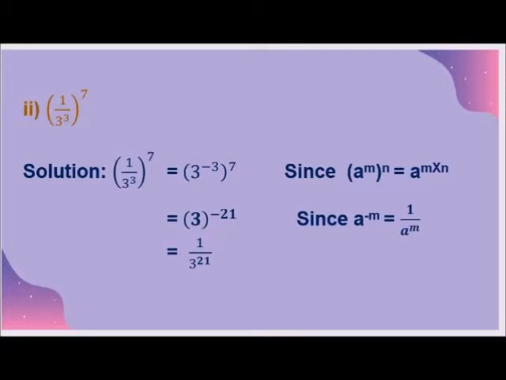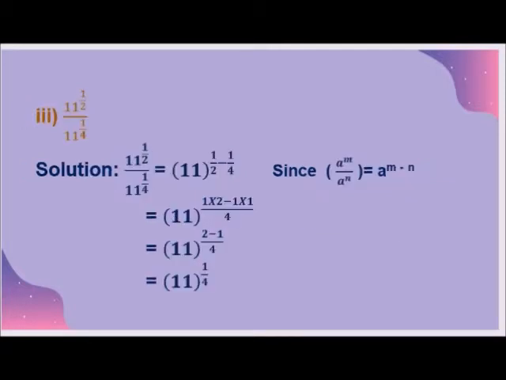Then our next part is 11 raised to the power 1 by 2 upon 11 raised to the power 1 by 4. So here our base is the same, the terms are in division and our powers are different. So we can use the law a raised to the power m upon a raised to the power n is equal to a raised to the power m minus n. So this becomes 11 raised to the power 1 upon 2 minus 1 upon 4.